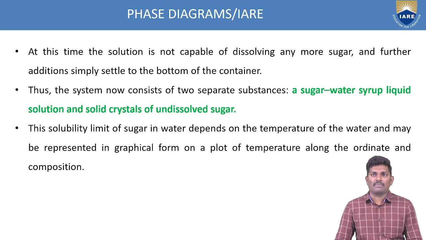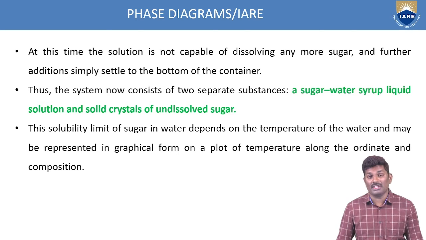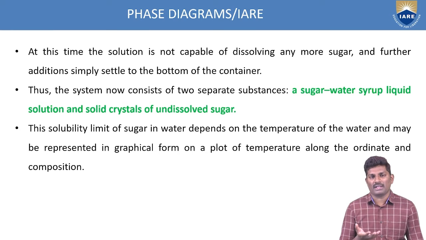At this time, the solution is not capable of dissolving any more. There is no chance of dissolving any more sugar, though you are adding. What is happening? It is just getting settled down at the bottom of the container. Whatever extra sugar crosses the solubility limit settles at the bottom of the container.